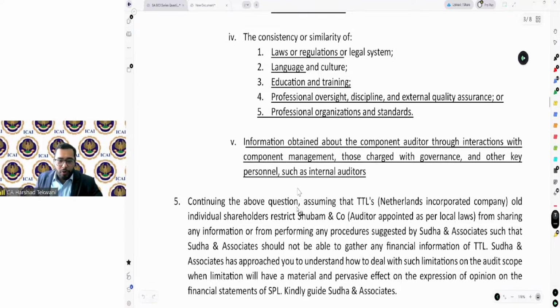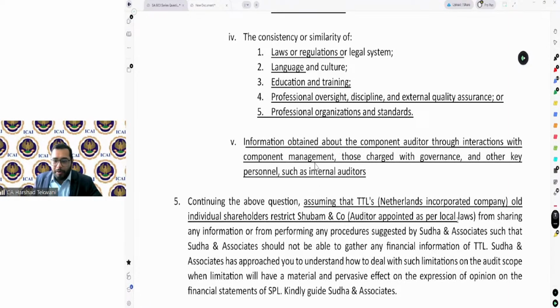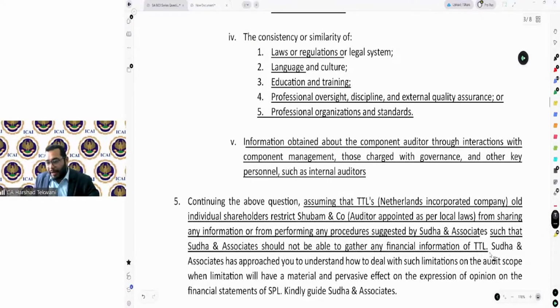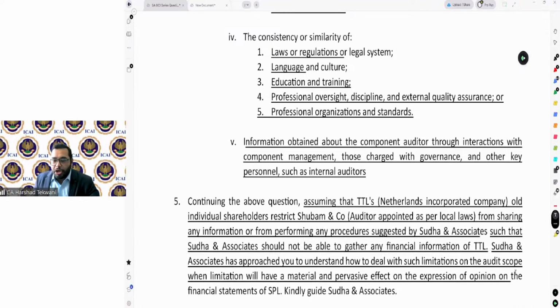Assuming, in continuation of the above questions, that the TPL Netherlands Incorporated Company or its individual shareholders restrict Shubhan and Company, the auditor appointed as per local laws, from sharing any information or from performing any procedure suggested by Sudan Associates, such that Sudan Associates should not be able to gather any financial information of TPL. Sudan Associates has approached you to understand how to deal with such a limitation on audit scope, when the limitation will have a material and pervasive effect on the expression of opinion on the financial statements of SPL. Kindly guide Sudan Associates.